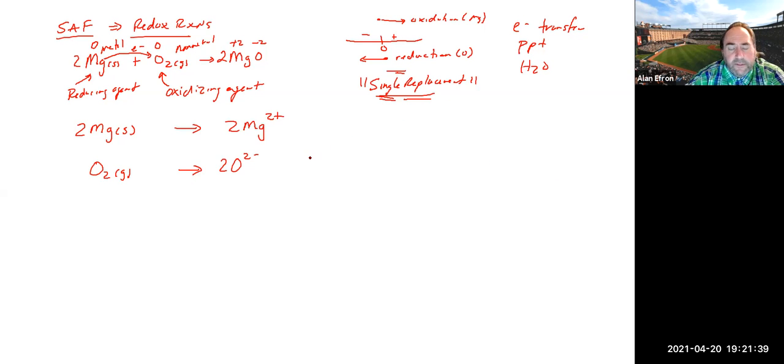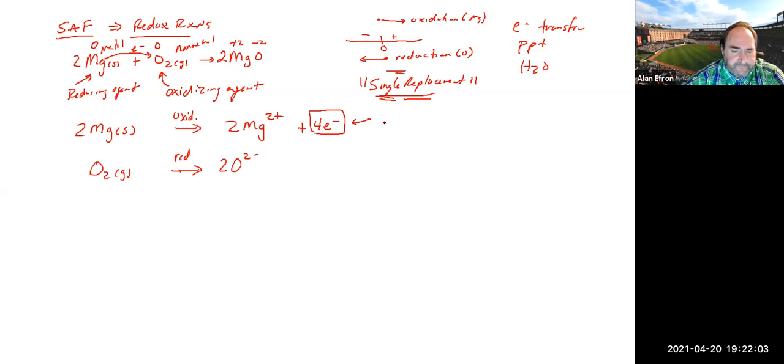Okay. So once we have it split off into our two half reactions, remember one's our oxidation half reaction and one's our reduction half reaction. We want to put the electrons in the proper place, and in this case, it would be 4 electrons on the product side.